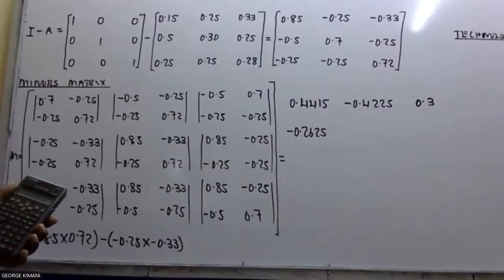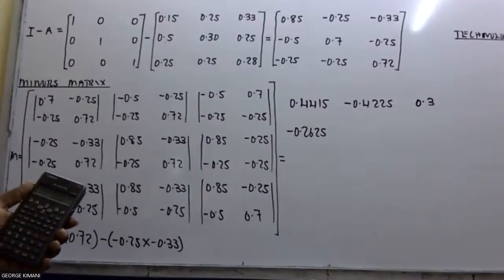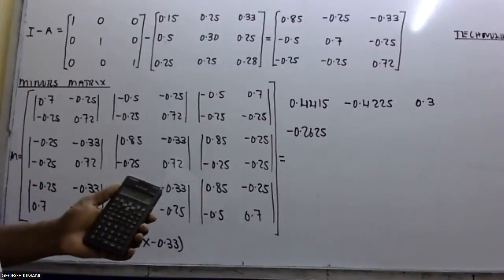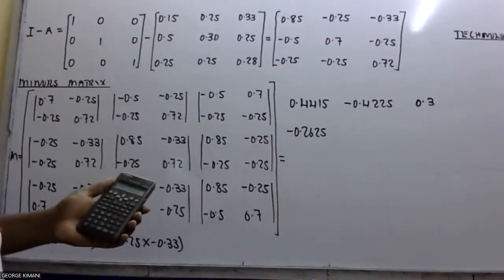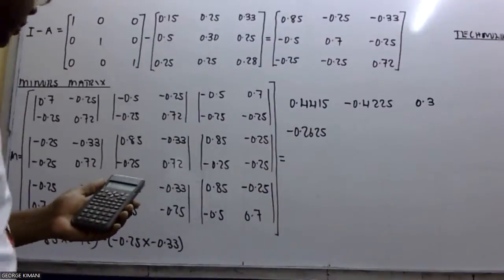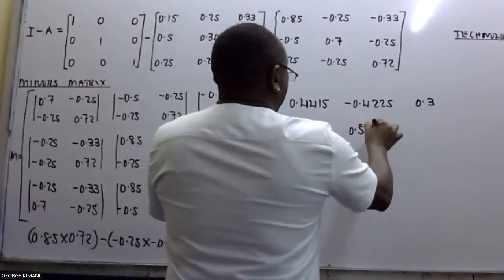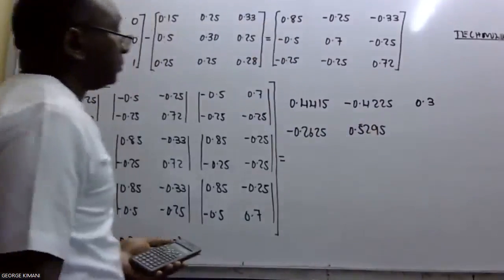Minus, open the brackets, minus 0.25 times minus 0.33, close the brackets, equals 0.5295. Yes, good.